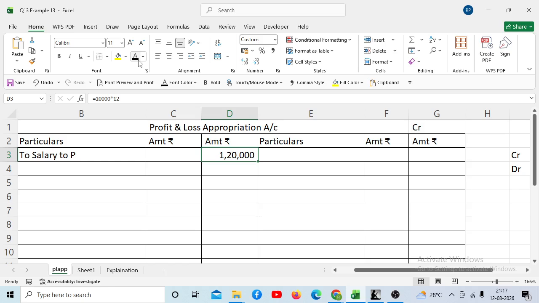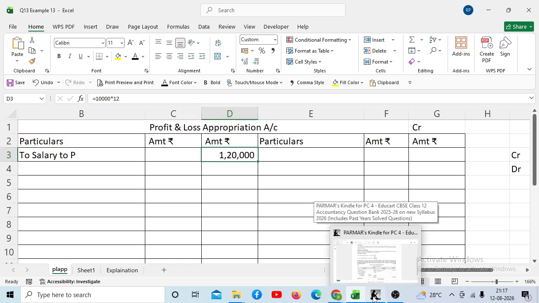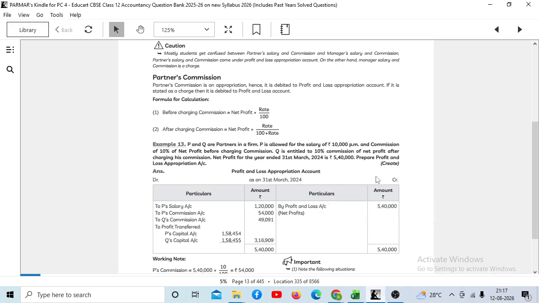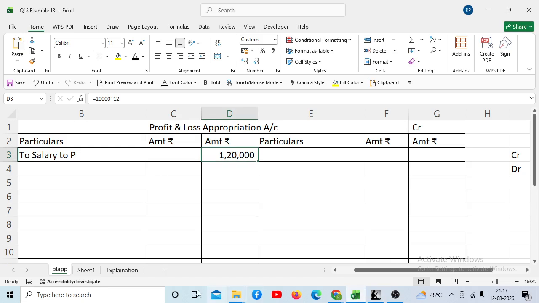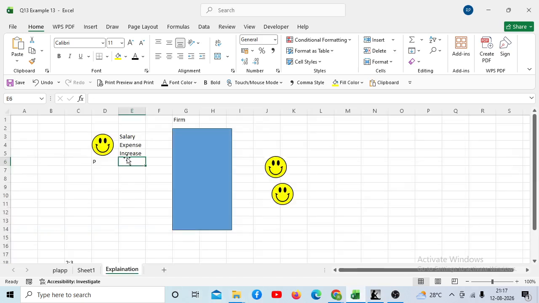Shall we proceed? Yes. Okay. Now, further they are telling that commission of 10% on the net profit before charging commission. Now this time the firm is giving commission.